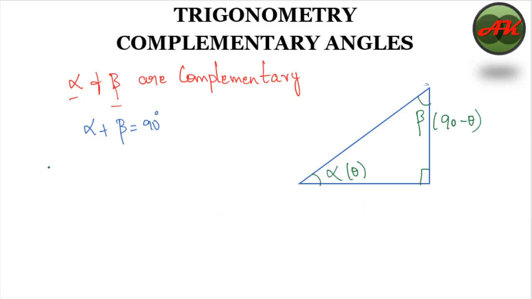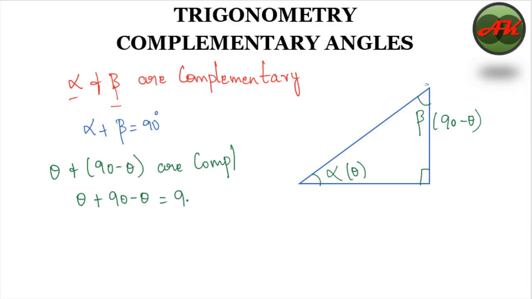So now here theta and 90 minus theta are complementary. So we can write theta plus 90 minus theta are complementary.